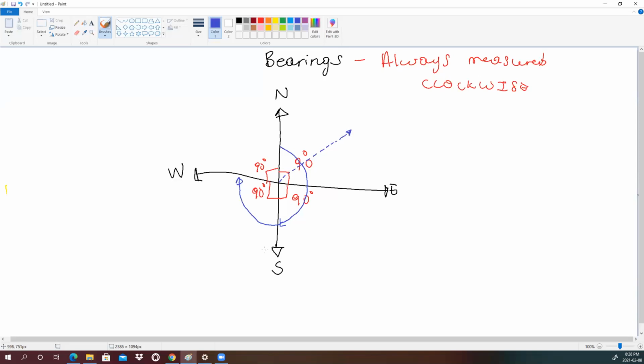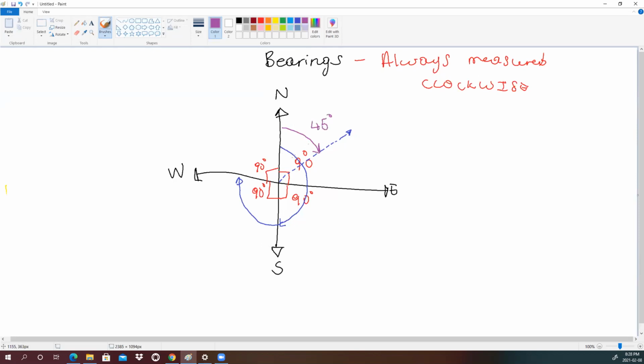If you get a bearing that is halfway between north and east, which we know is 45 degrees, when you are measuring or writing your bearing it must always have 3 digits.